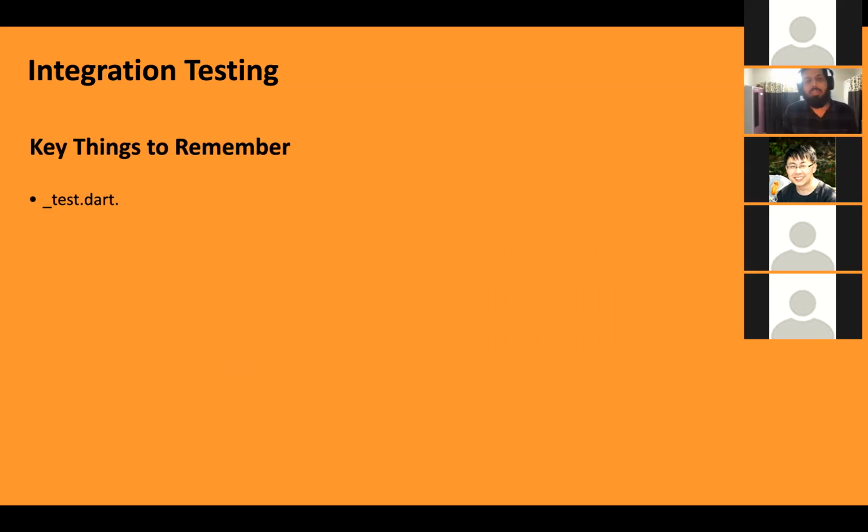So the key thing you need to remember from here is that you need to append underscore test dot dart to the file name. Don't forget to do that. I spent hours and hours just figuring out why my test was not running, and I found it was because of this. And you need to understand you cannot access Flutter UI framework related code in the driver test because it runs in a different process.